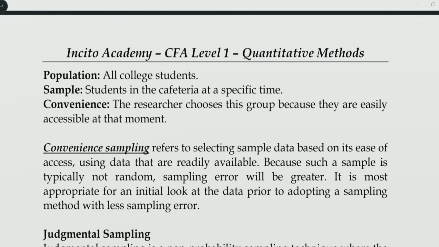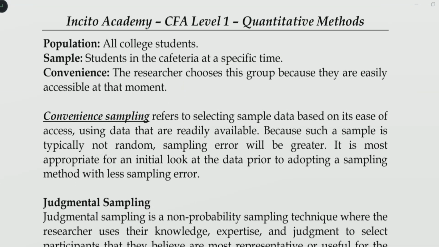Reading further, in that example, what was the population? All college students. Sample: students in the cafeteria at a specific time. What was the convenience involved? The researcher chose this group because they are easily accessible at that moment. So convenience sampling refers to selecting sample data based on its ease of access, using data that are readily available.